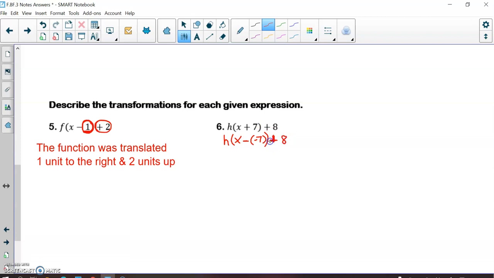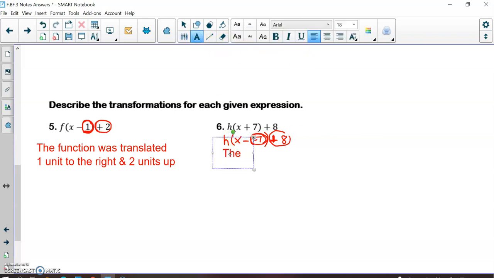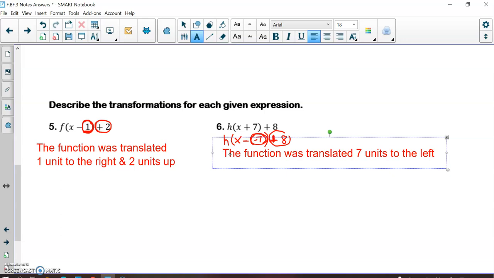This is a plus 8, it's a positive 8. So this means I go 7 units to the left and 8 units up. So I'm going to say the function was translated 7 units to the left and 8 units up.